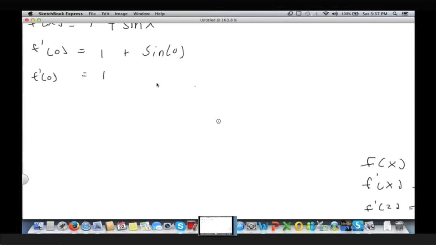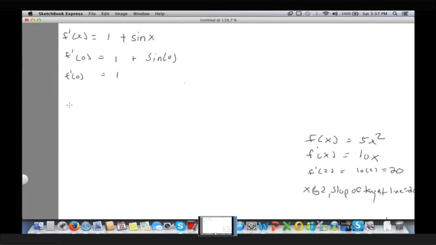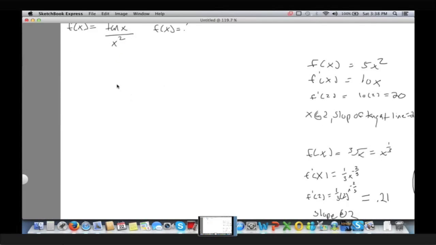Let's try f of x equals tangent of x over x squared. And let's find f prime of x.